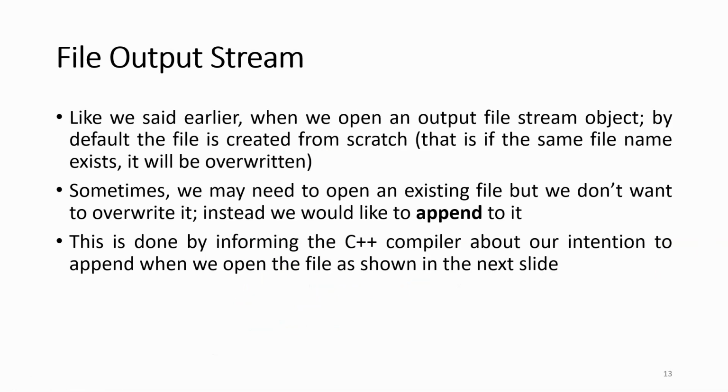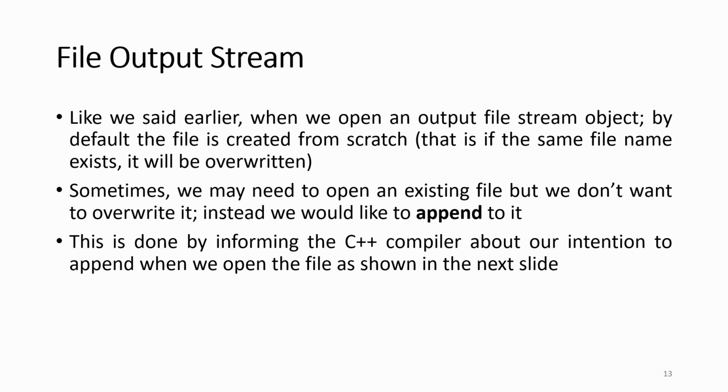Like we said earlier, when we open an output file stream object, by default the file is created from scratch. It means that if the file already exists in your folder, it's going to be overwritten. Sometimes we may need to open an existing file, but we don't want to lose whatever was in it. We don't want to overwrite it.